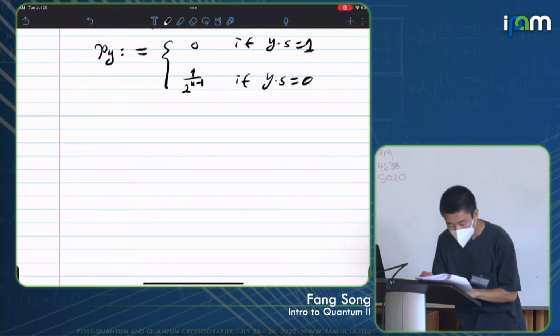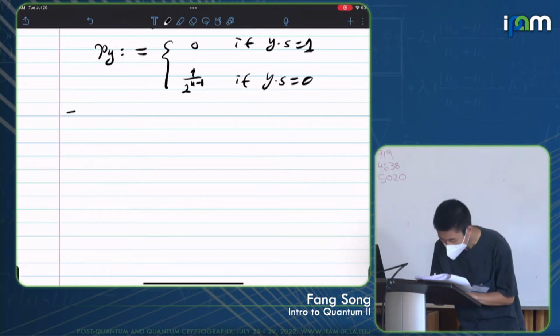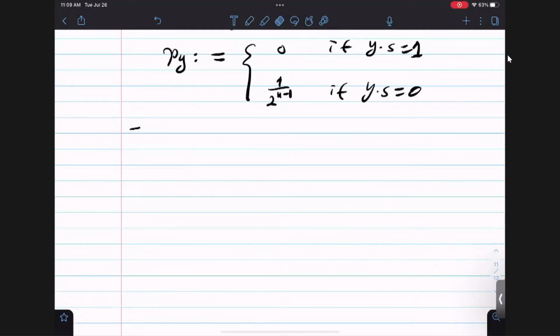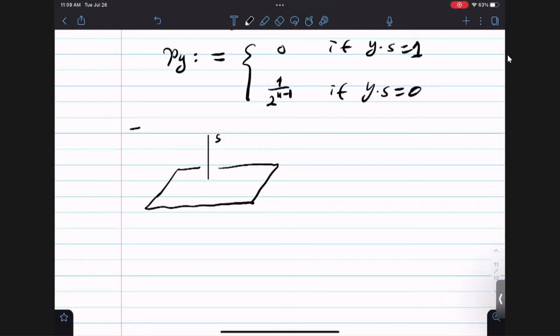So let me show you this geometric interpretation. Imagine this is our secret string s. Okay, and I consider this orthogonal hyperplane. Then this sampling procedure basically is sampling uniformly from this hyperplane.